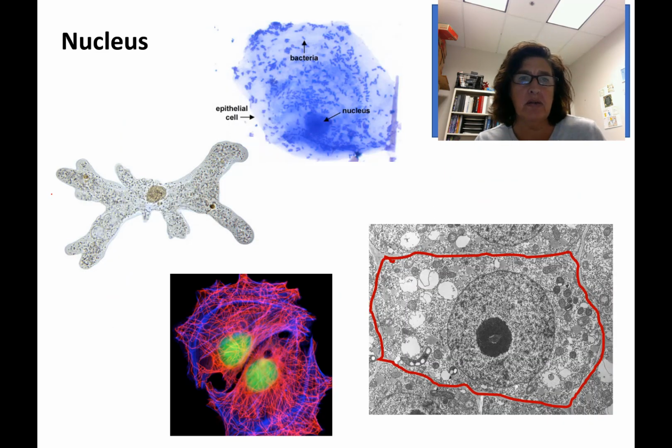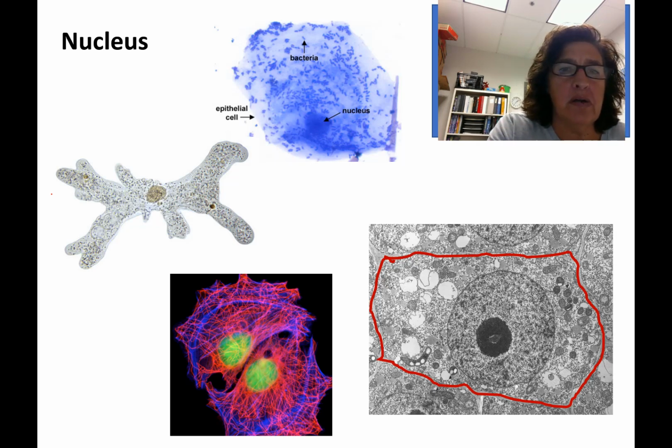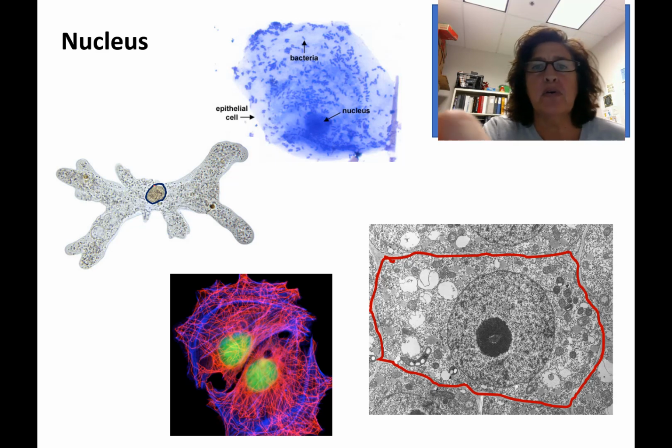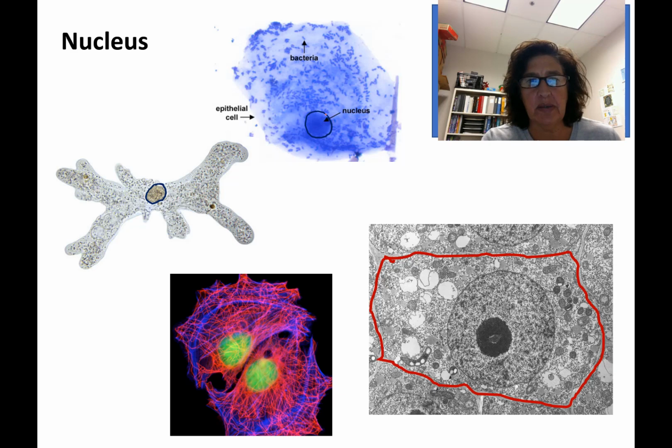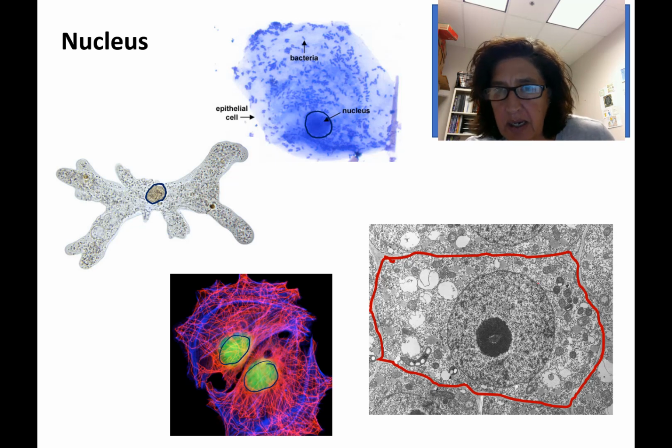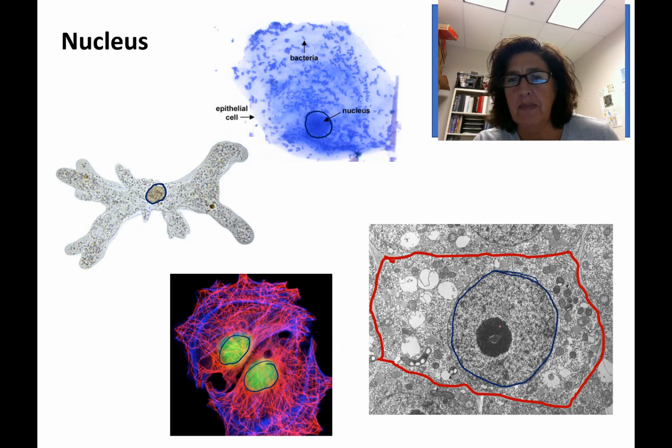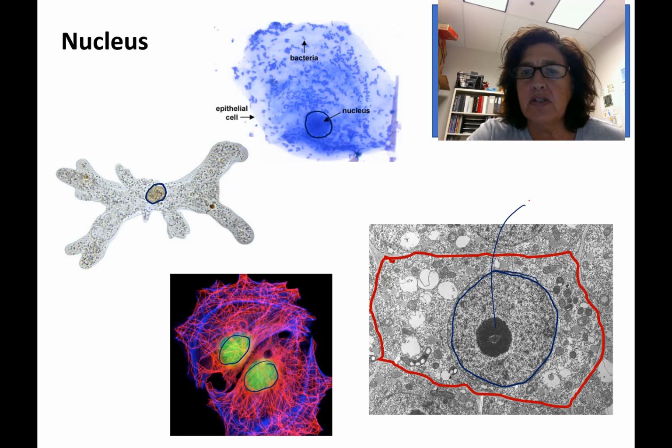So here, just some images of a nucleus. So our little amoeba, we can see a dark nucleus here. We see this in our cheek cell that's stained. We see it beautifully as a green in this immunofluorescence image. And here, look how big this nucleus is. This nucleus is huge in this cell. And then this is the nucleolus region.